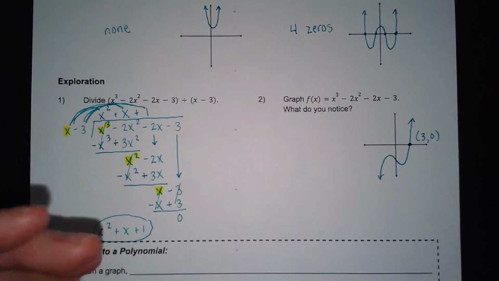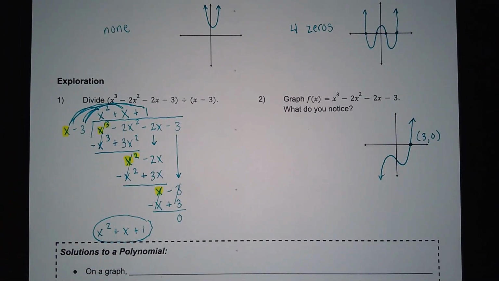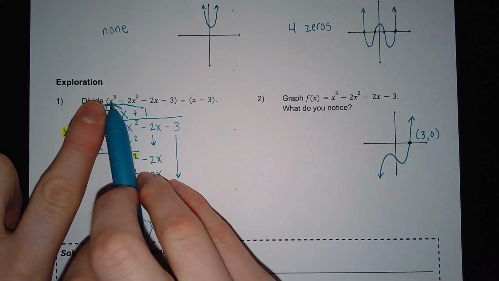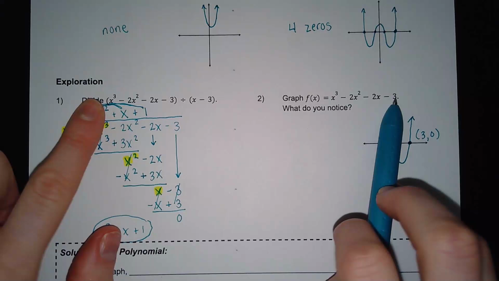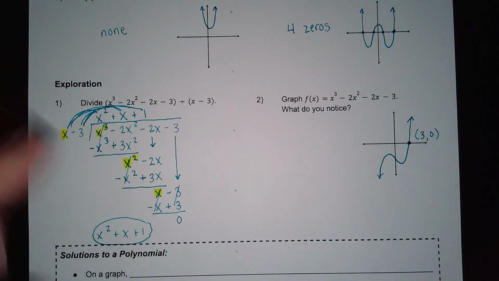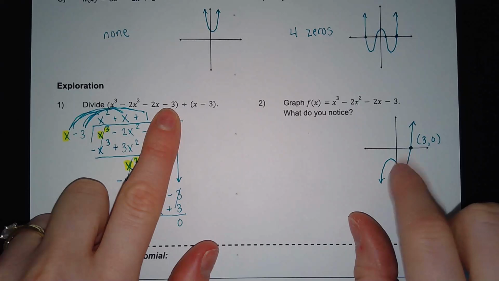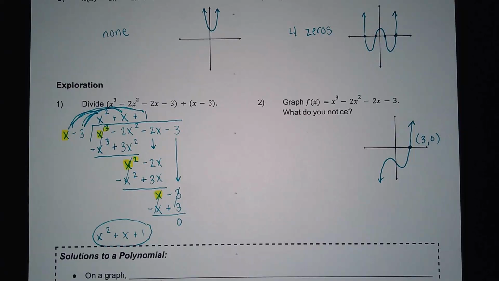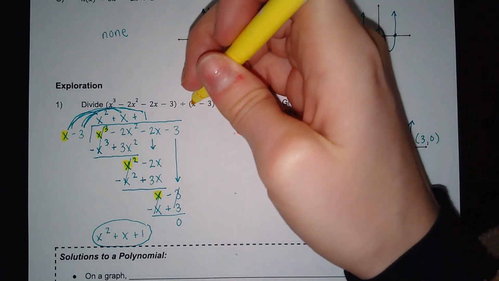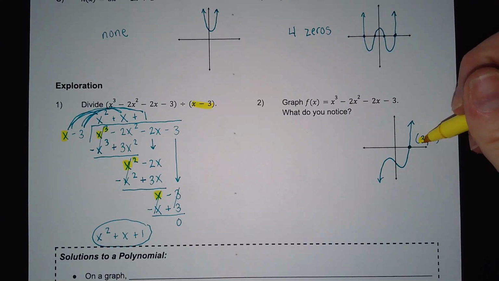Now, here's where I want us to notice some certain things. One, what we notice is this polynomial is the same as this polynomial. So the big polynomial that we were doing our division with is also the polynomial that I graphed. The key here that I really want us to notice is this number and this number here.